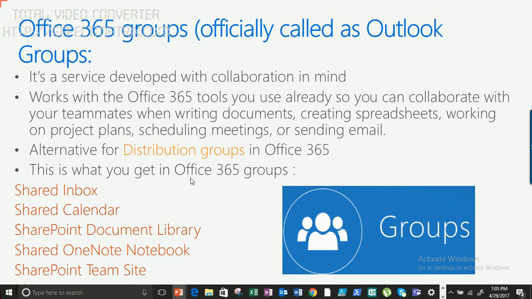To put it really in simple words, just think Office 365 Groups is a glue which connects all your other Office 365 services. So when I say it's a glue, it can connect your Exchange Online, your SharePoint Online, your OneNote, your OneDrive for Business, and it gives you a single application called Office 365 Groups.